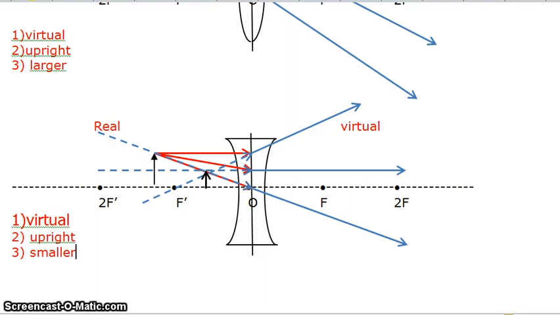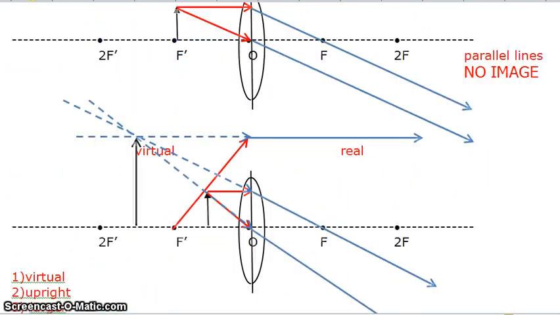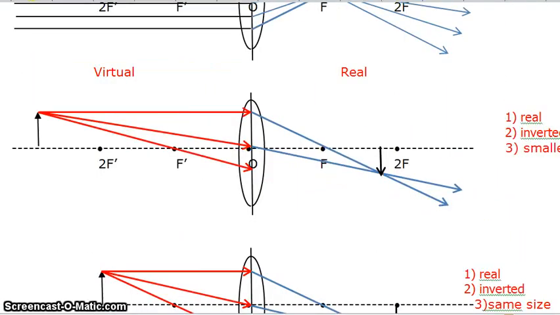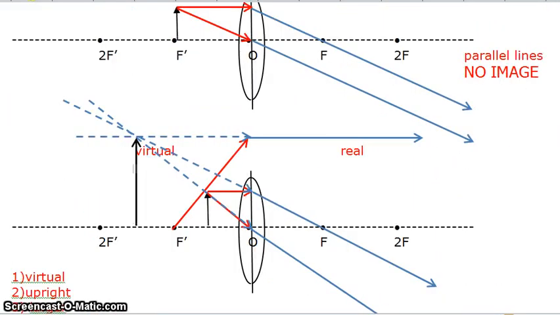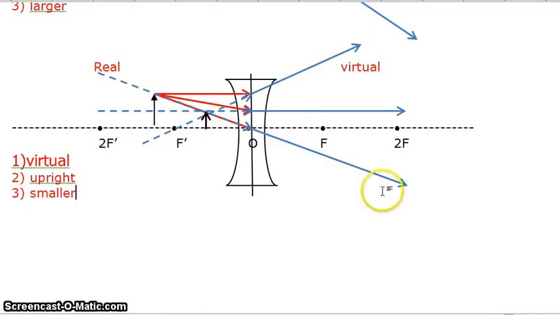It's worth noting that while we did all these different examples of the concave or the convex lens, the convex lens had like 6 different outcomes. The concave lens only has one outcome. This is the only possible answer you can get. Virtual, upright, smaller.